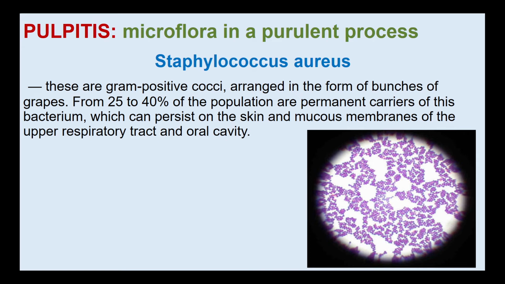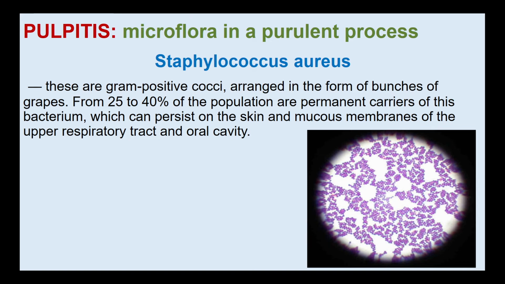Also, if we talk about purulent process, we may add Staphylococcus aureus. You all know that it is a gram-positive coccus, arranged in bunches or clusters like grapes. About 25 to 40% of the population are permanent carriers of this bacterium.